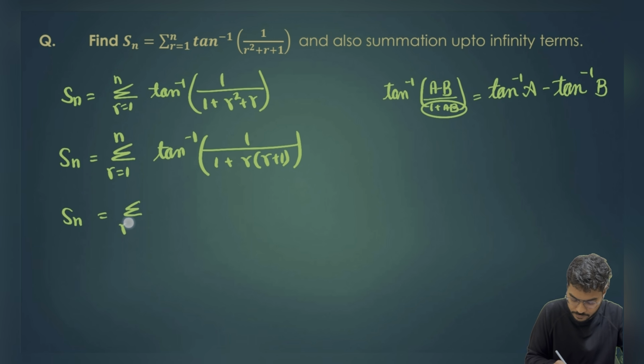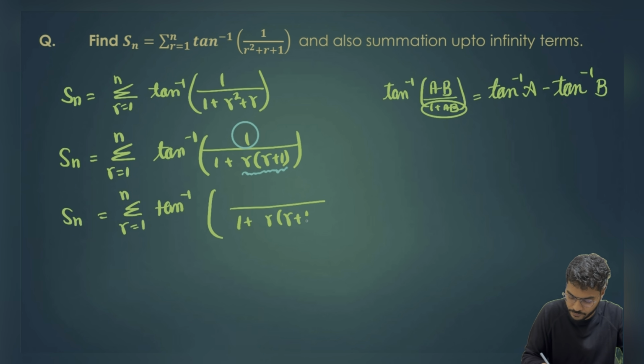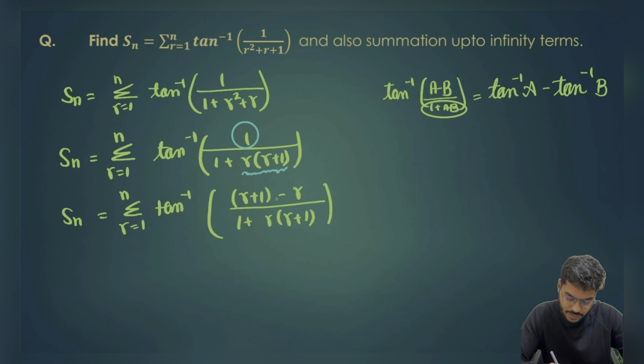Again, can we identify here a and b such that the numerator must be the difference of a and b? So what you will say, that I can write the numerator as r plus 1 minus r, so that r cancels out, I will get 1 again, right?